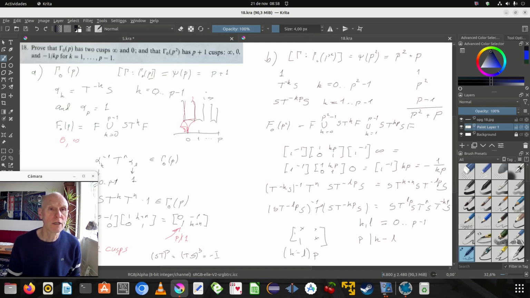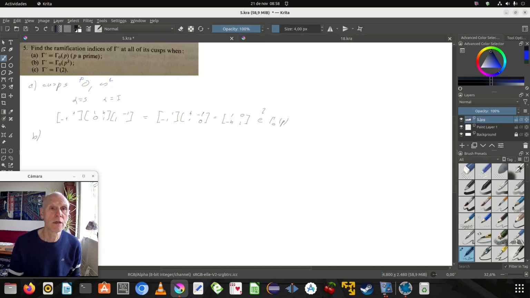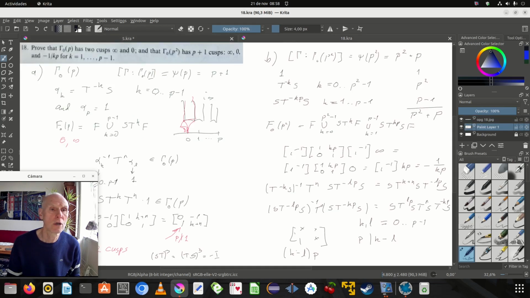And here we have the cusps minus 1 divided by kp, and I believe it was up to P minus 1.